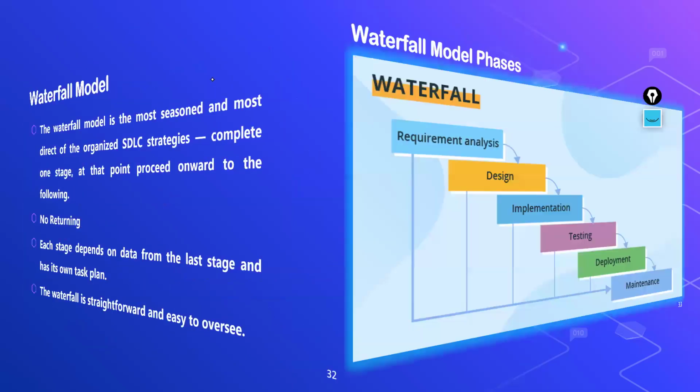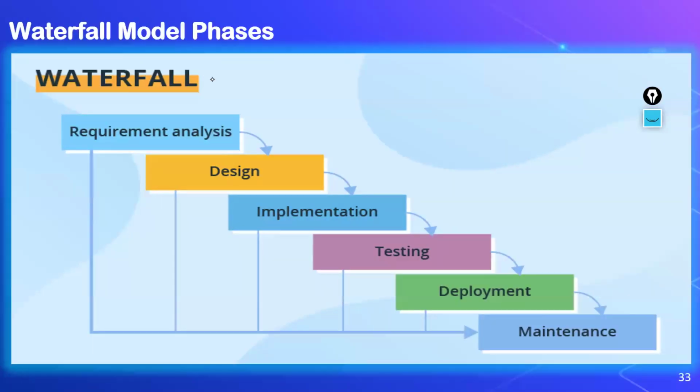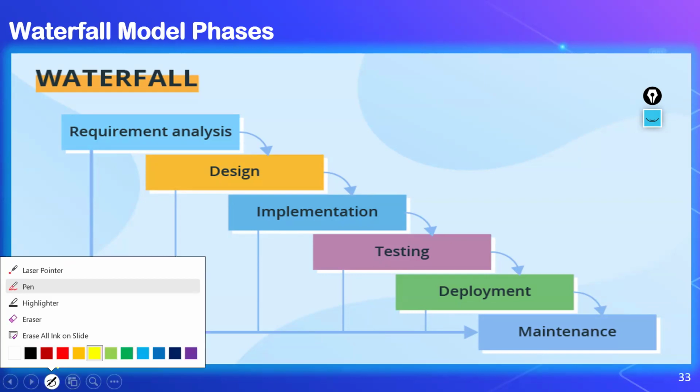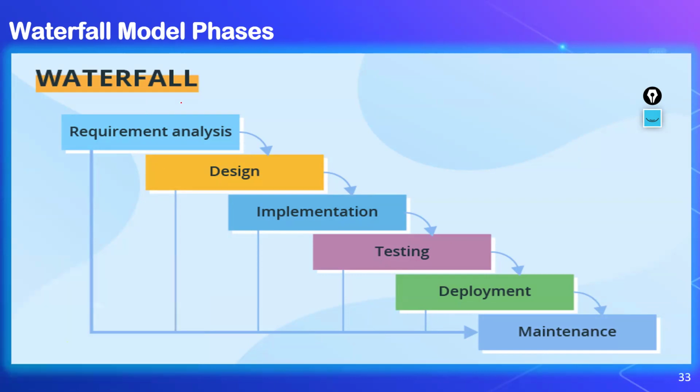Before we jump onto that, just a quick recap of waterfall. First of all, the name suggests that it is all about falling water in one direction, which means you cannot go back. You can only move forward.